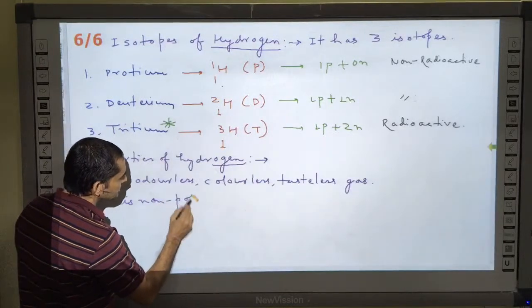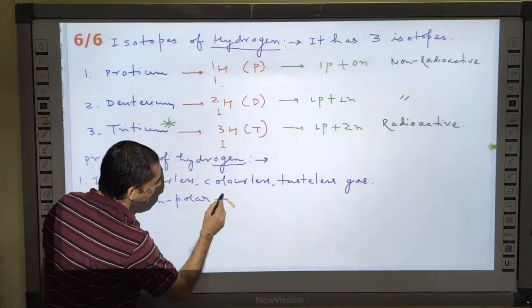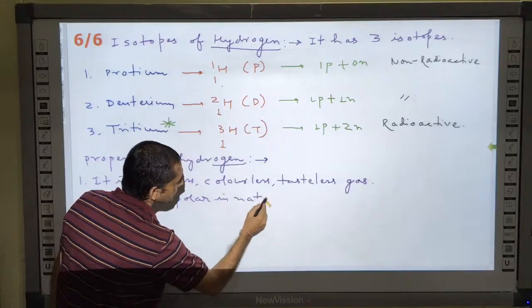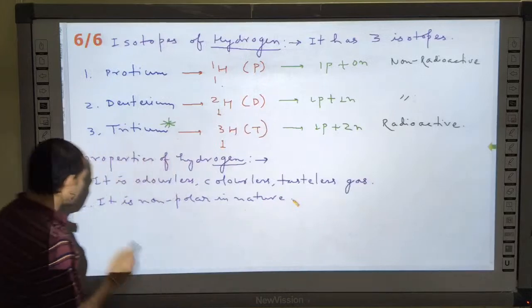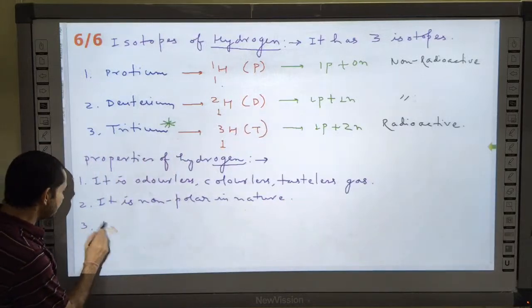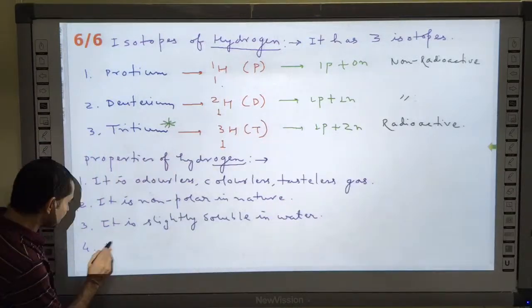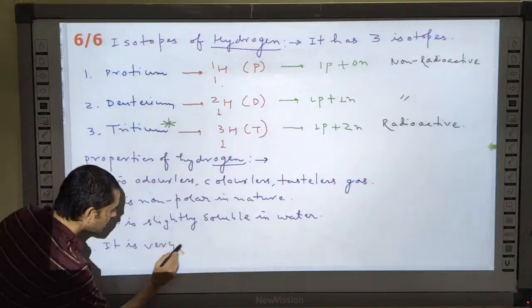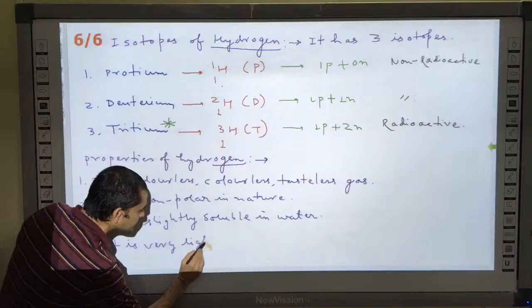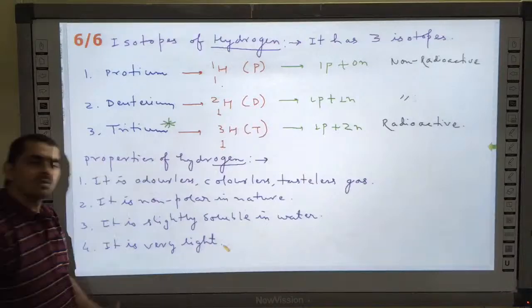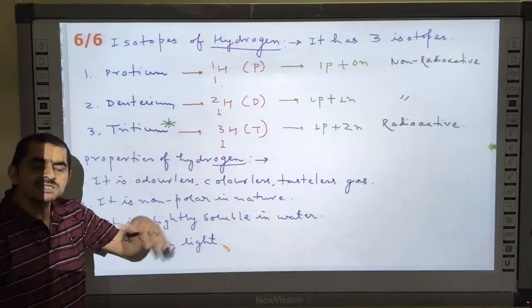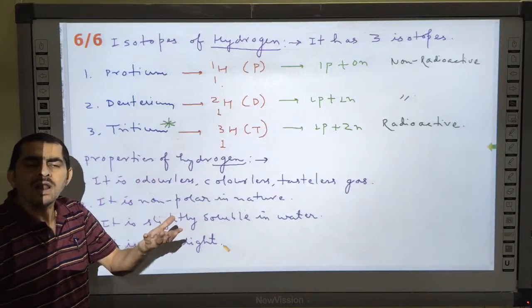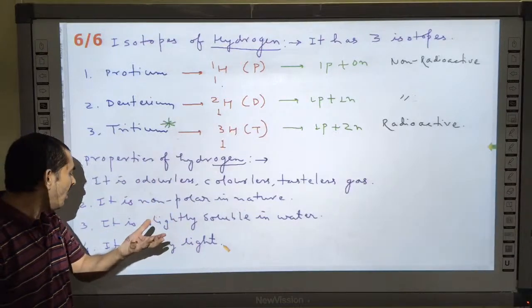Number third, it is very light, or we can say it is the lightest of all elements.